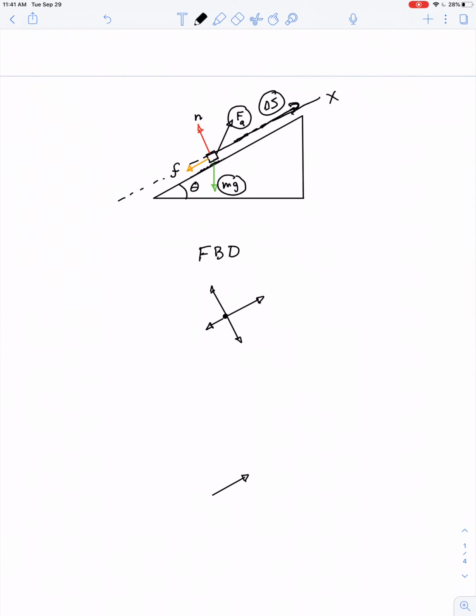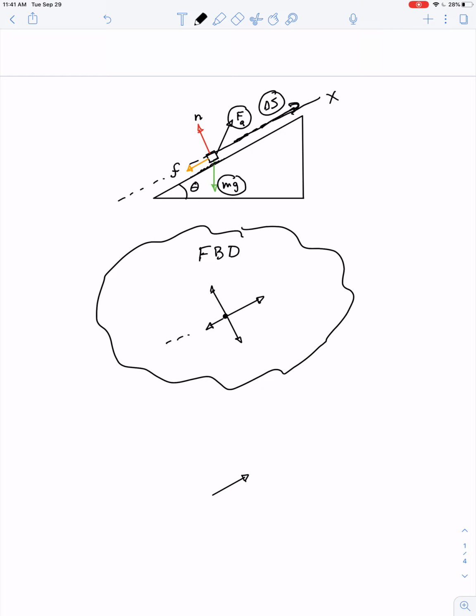So this, of course, is a resolved free body diagram. We're already showing all of the forces along the x and the y-axis. So there's a force of friction plus mg sine theta pointing down the negative x-axis, and there's the applied force times the cosine of some angle.